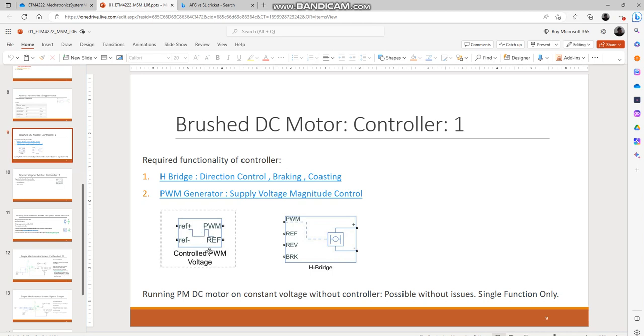And you can use these pre-built blocks from Simscape in order to model the effects of these control methodologies or control elements. Well, that's it with controllers for PMBDC motors.